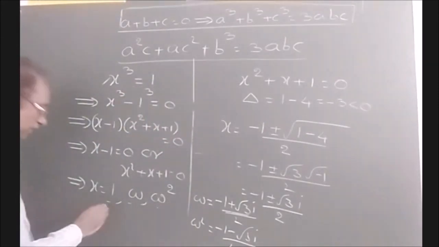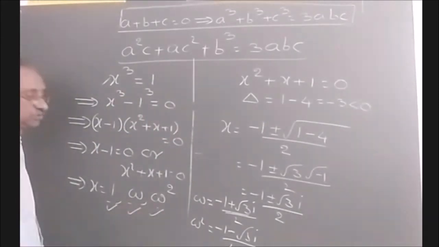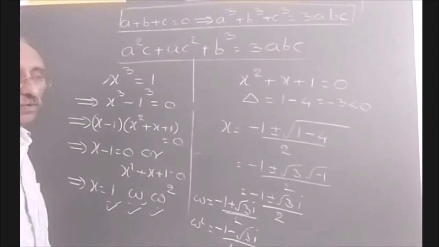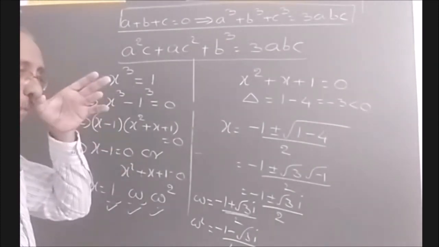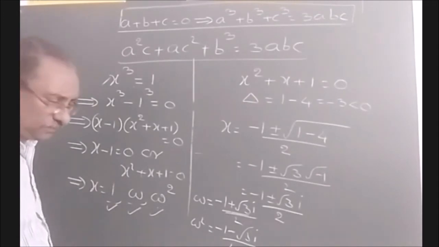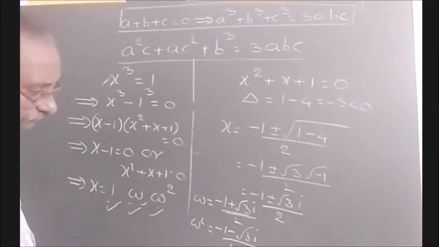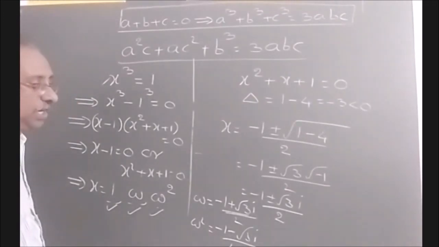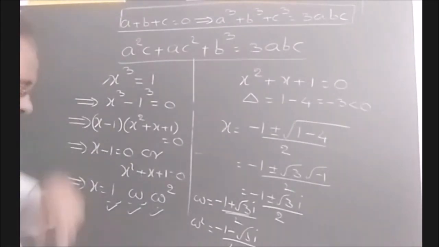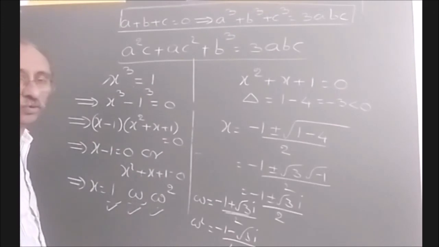Therefore, totally there are 3 cube roots of unity. So finally write: 1, omega, omega square are called cube roots of unity.